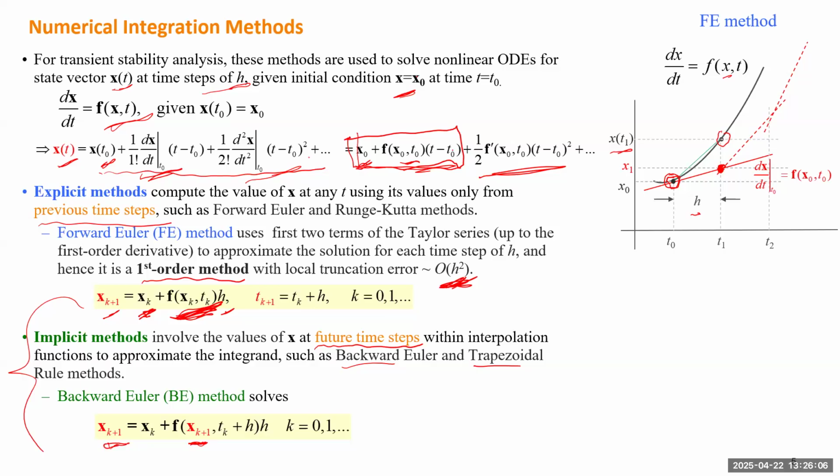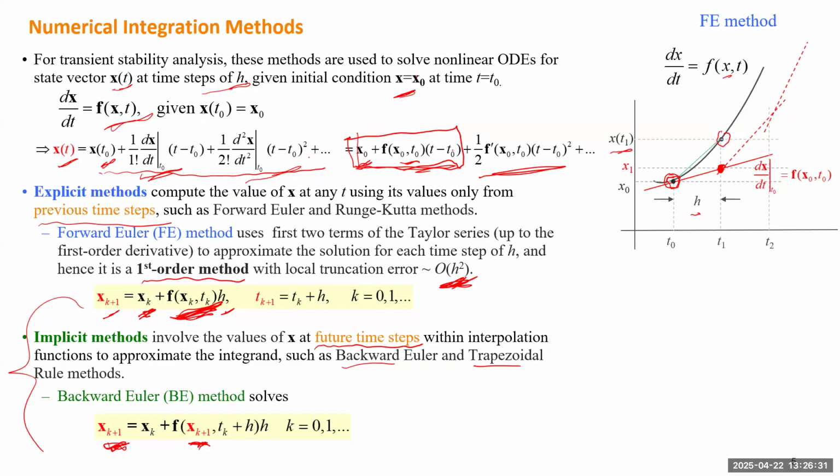So you may ask, how do I know that value? Okay, in order to compute this state vector value, I need to assume I already know it. Then plug it into f to give me a slope, then I can calculate x. So this is just the formulation of this method. But how to solve this equation will be similar to solving a power flow equation.